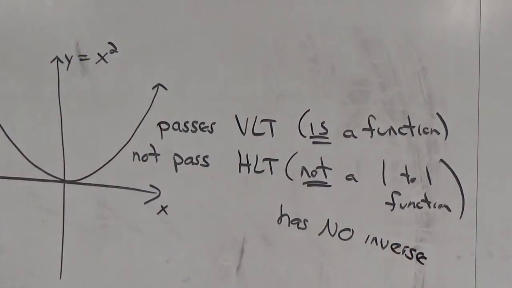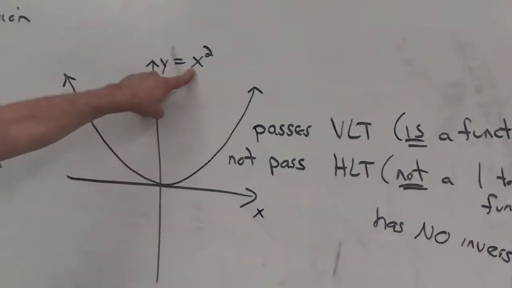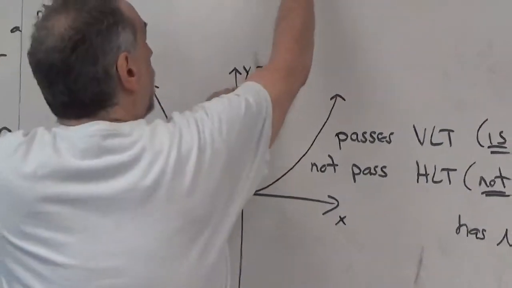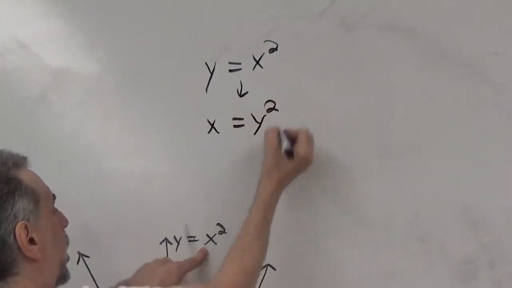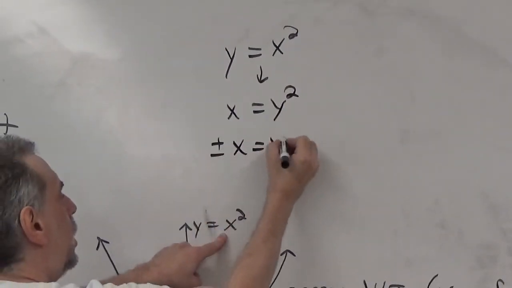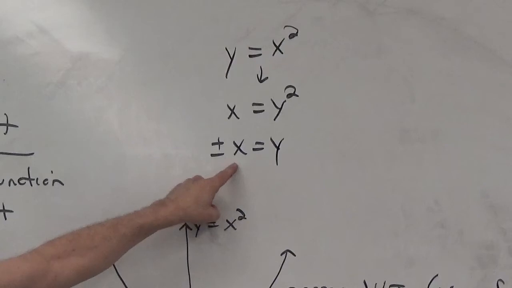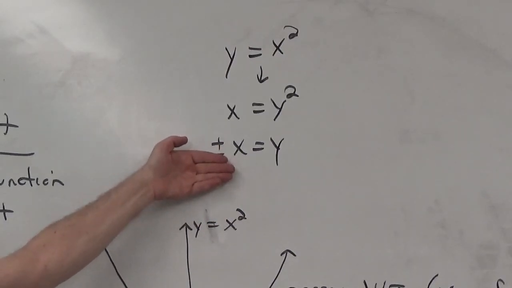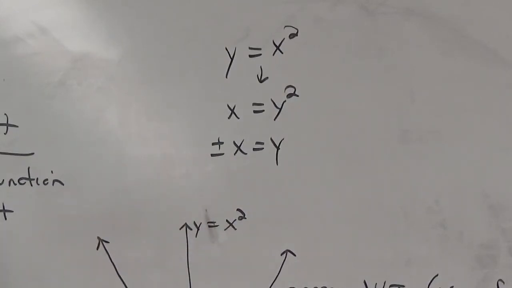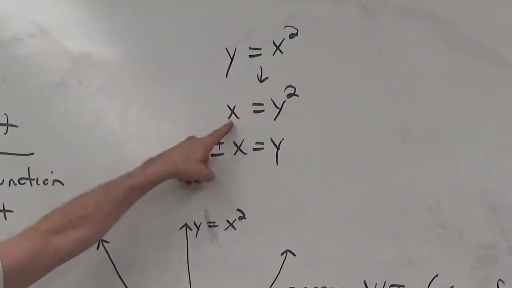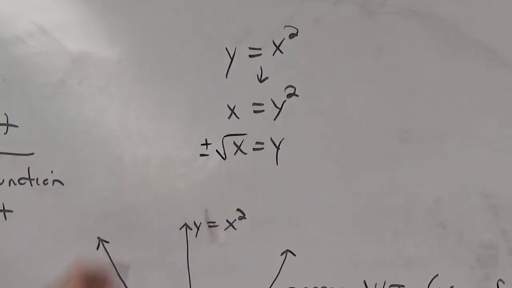Okay, so this is what you want to notice from the horizontal line test. It tells you whether a function has an inverse. Now, if we tried to find this inverse, if we went through our method here, and we said y equals x squared, and then we switched the x's and y's and tried to solve for y, we would get plus and minus the square root of x.